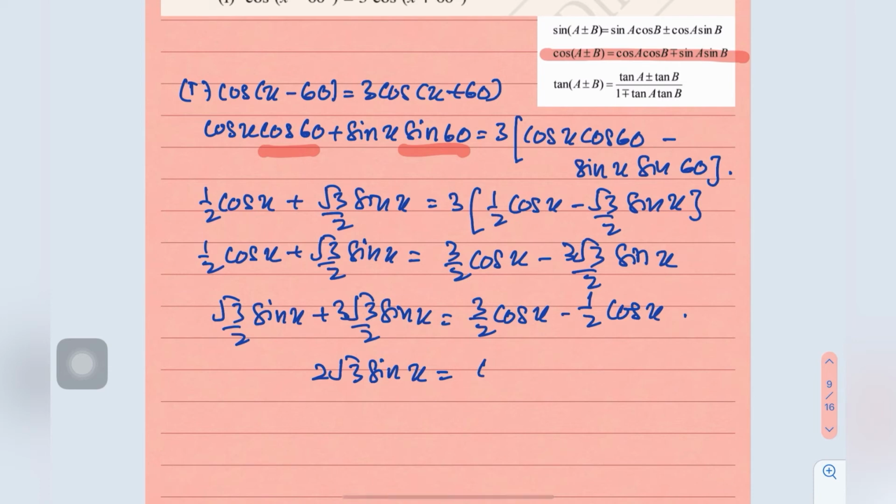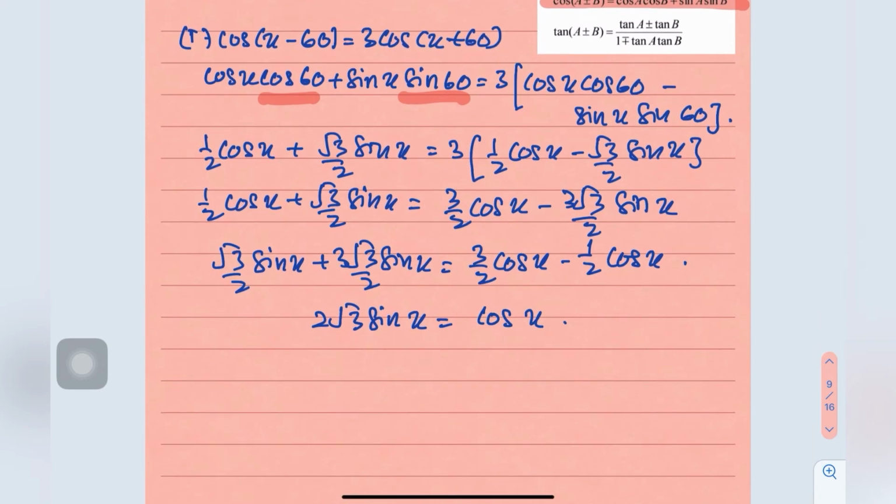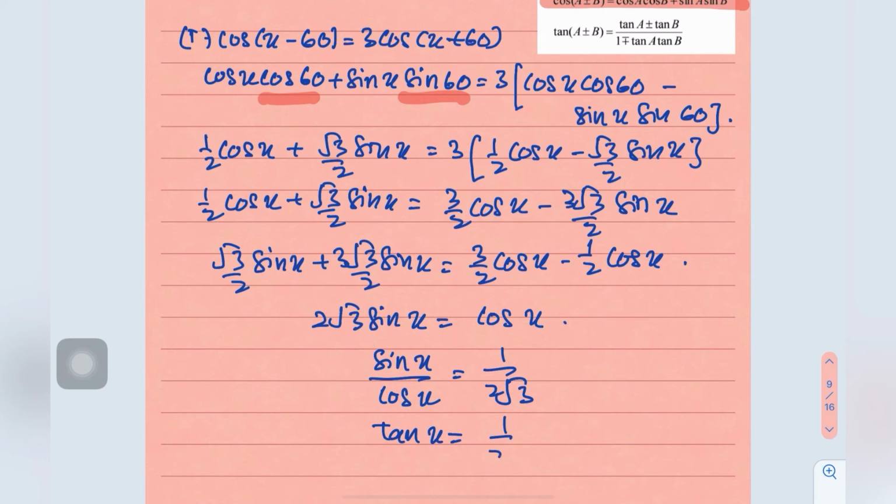We know that sine over cos is tangent, the relation between sine and cos. So sin x over cos x equals 1 over 2 root 3. So tan x equals 1 over 2 root 3, which is positive. ASTC: 1, 2, 3 and 4.